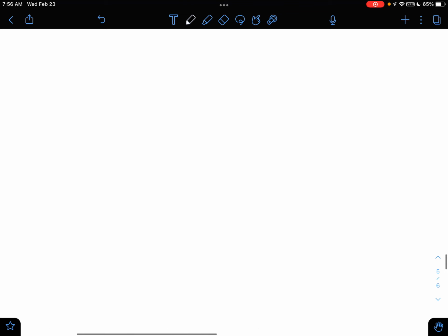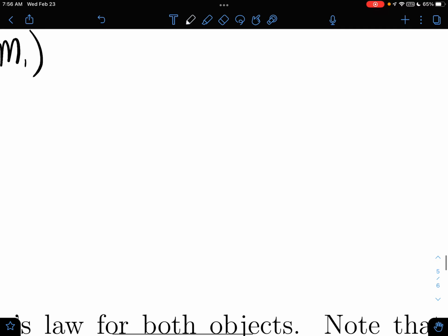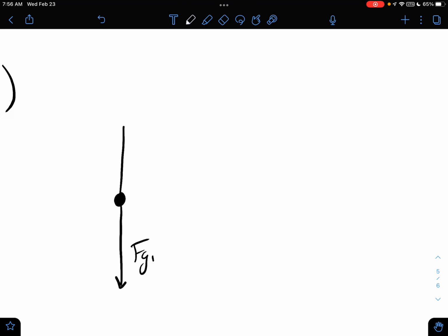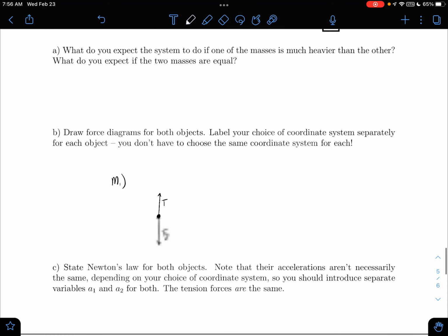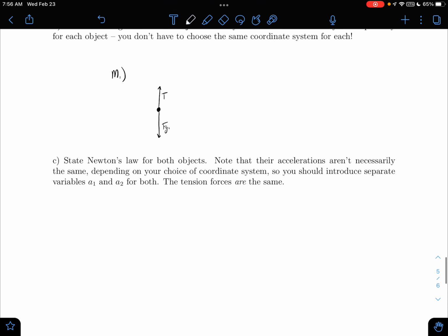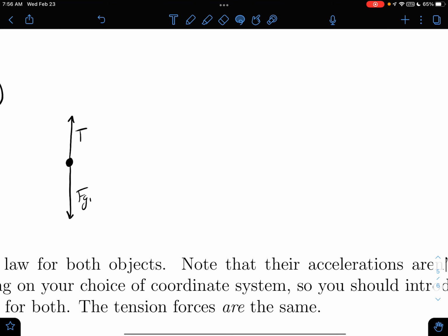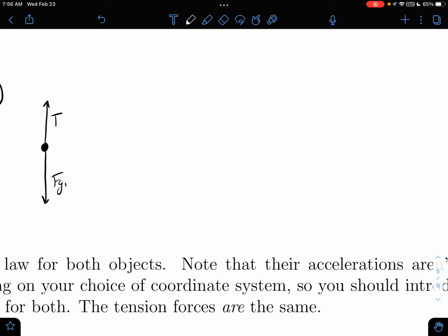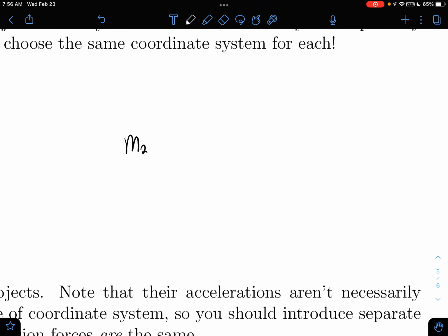So I'm going to start with our force diagrams, same thing we've always been doing. Here's our M1, our mass 1, and here's our FG1, and here is our tension in the rope, whatever's pulling it up. Now let's move that over a little bit so I have space to do M2.